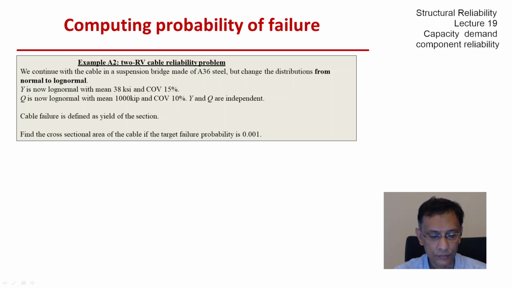So it is probably going to change the answer, but we need to set up the problem properly and solve it. So let's take a few seconds to acquaint ourselves with the problem statement, and then we will proceed with the solution.